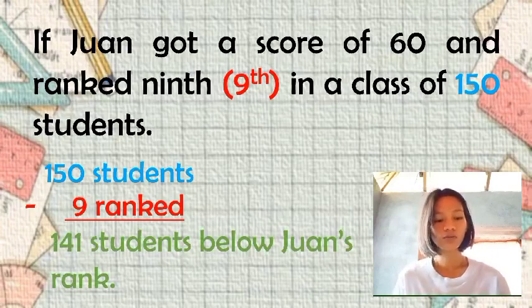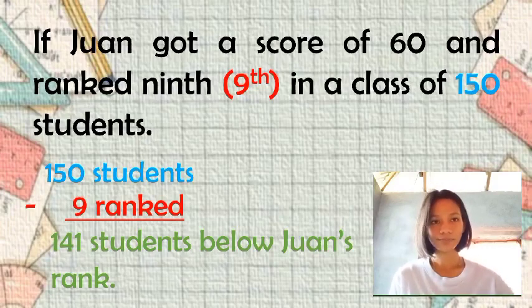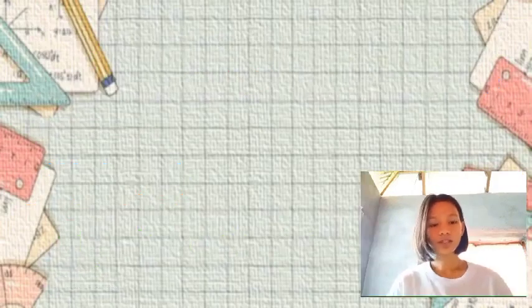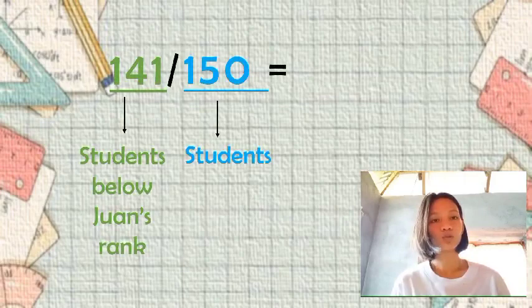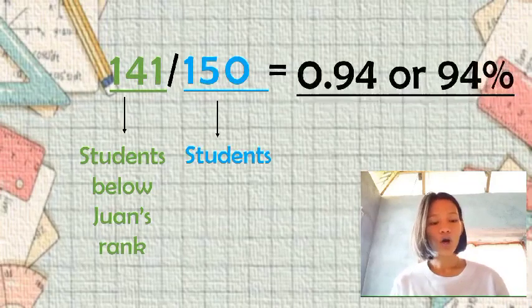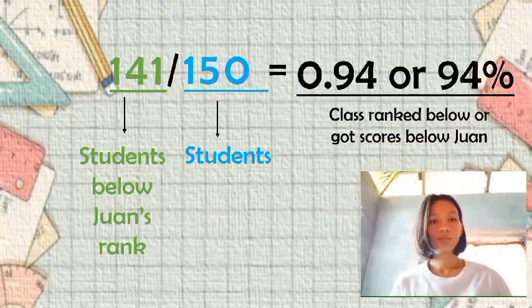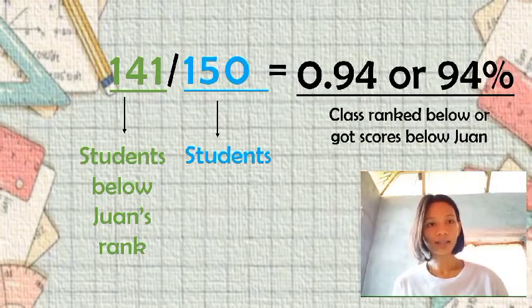Then, yung 141 students na yon, ito yung students na below his rank, mas mababa pa sa kanya. So, if we get the percentage, 141 students divided by 150 students is equal to 0.94 or 94%. It means that itong 94% na to, ito yung class rank below or got scores lower than Juan.